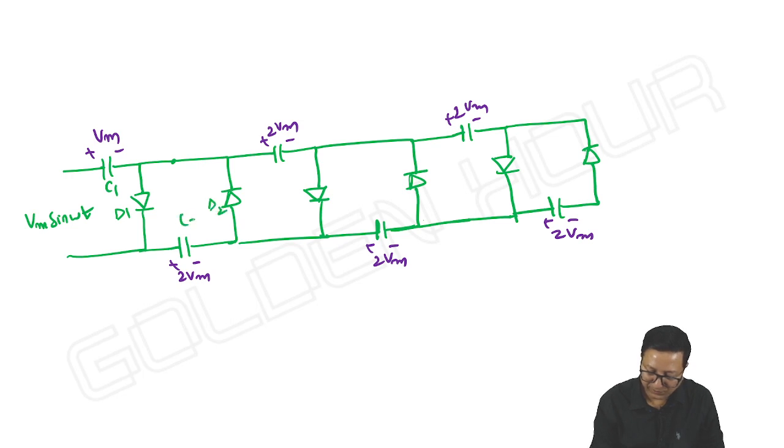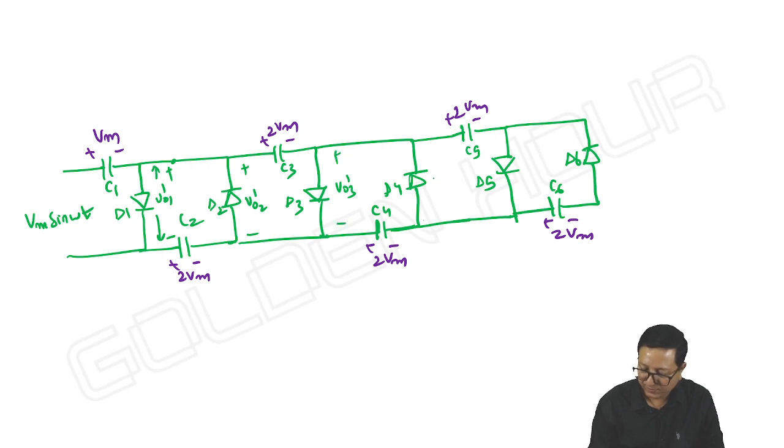D1, D2, C2, C3, D3, D4, C4, C5, D5, C6, D6. VO1 dash, VO2 dash, VO3 dash, VO4 dash.